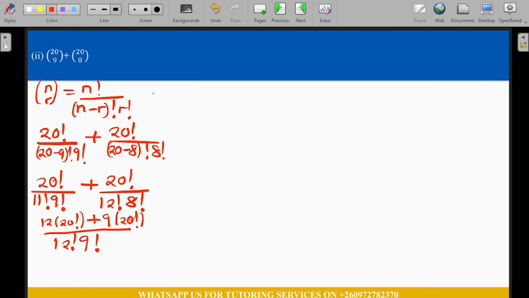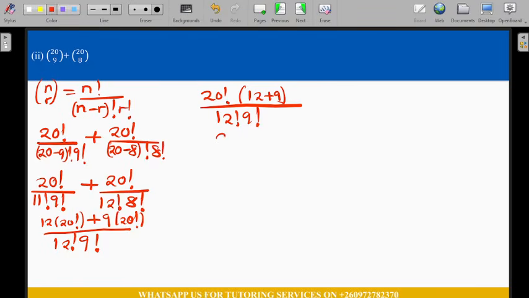So once we reach here, on our numerator, 20 factorial is common. So since 20 factorial is common, we factor it out. Then we remain with 12 plus 9, over 12 factorial 9 factorial.